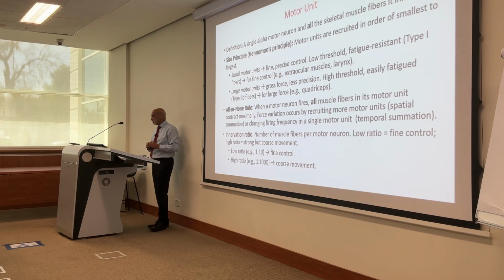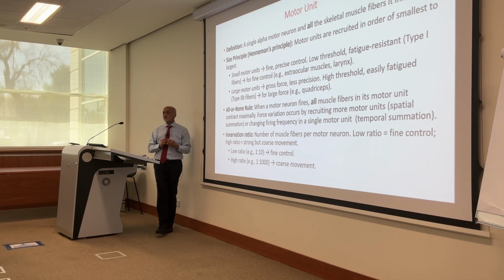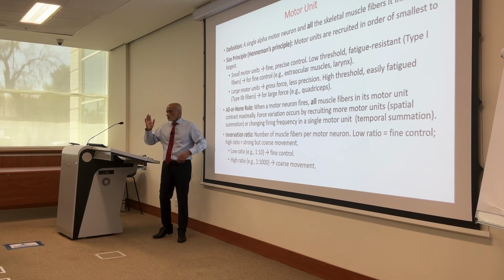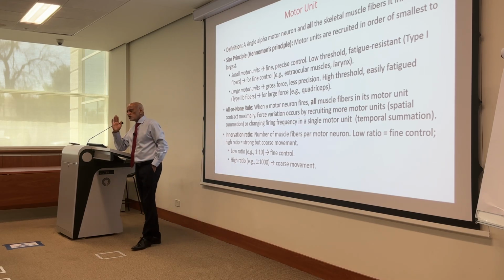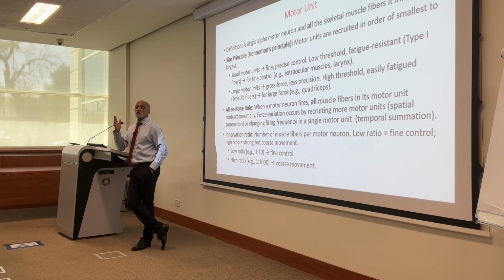So, which now brings me to motor unit. If you take a motor neuron and you stimulate it, the muscle will contract. If you stimulate it fast enough, the contractions will add up to the point of a fused, complete tetanus.